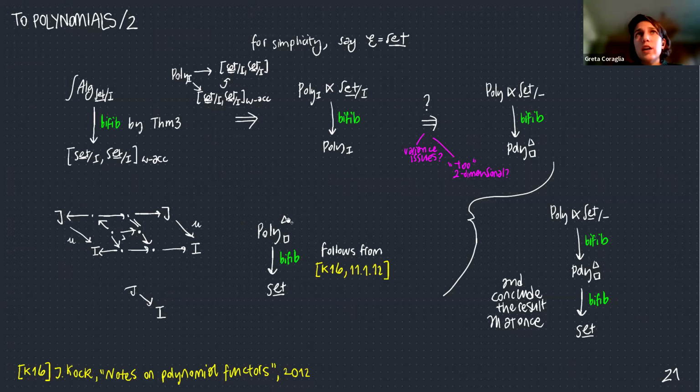This is not the bifibration that he introduces, because in his case, he also admits different endpoints. So you can start from a J and end with a J prime, and it's not a problem. But in our case, since we're dealing with endofunctors, I just focus on those that have identical endpoints. But if you need to use 2 endpoints, it works as well, and you just project to the pair, and it's fine.